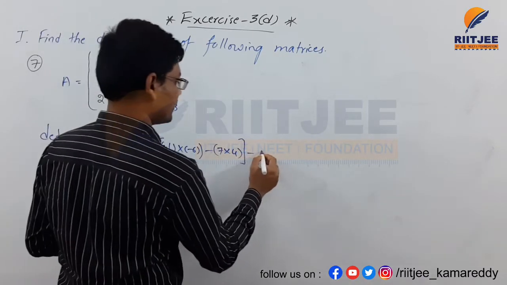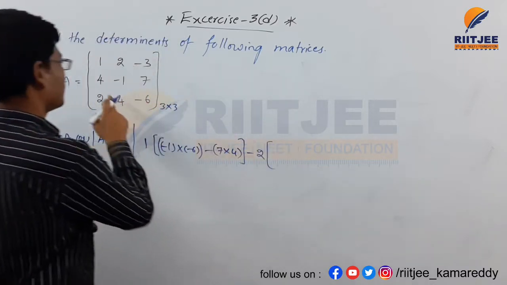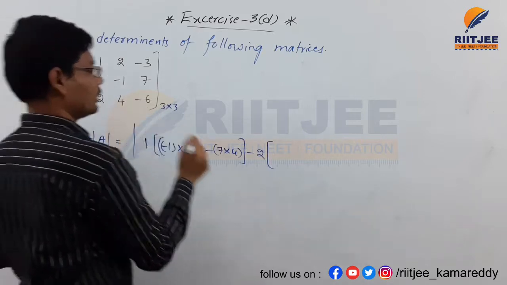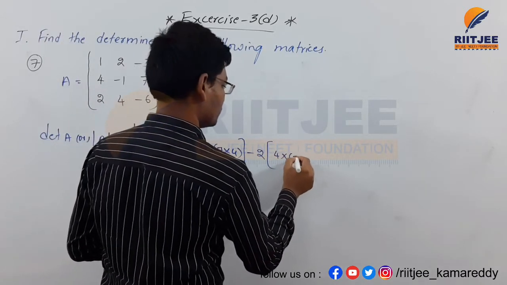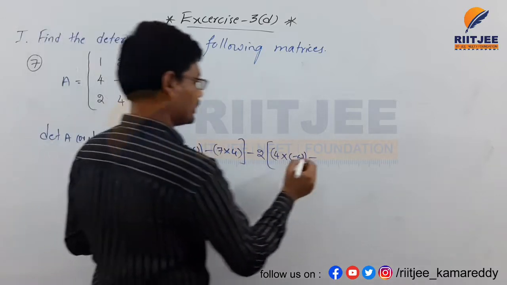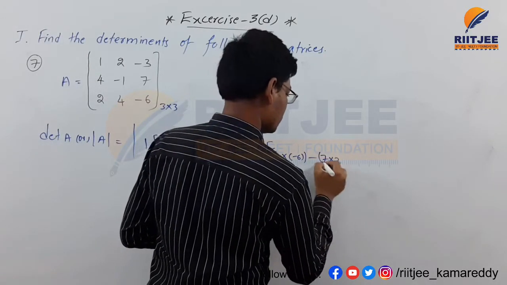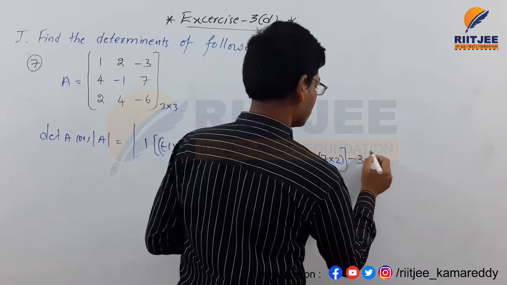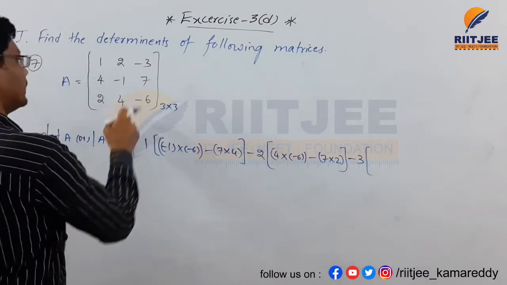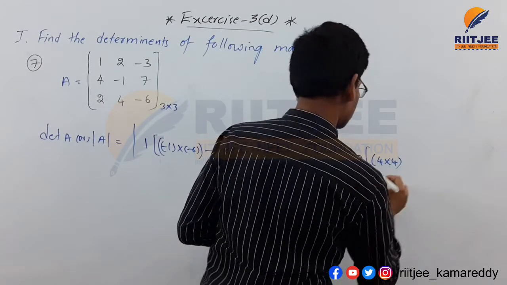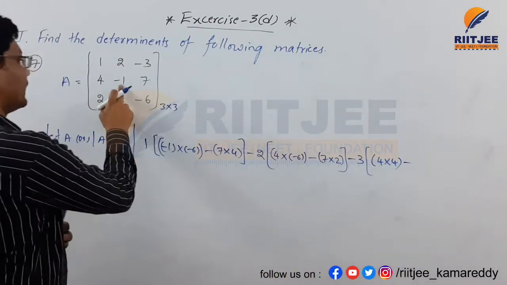And next step, minus 2 into, eliminate the row and column which has 2 here, 4 into minus 6 minus 7 into 2. And minus 3 into 4 into 4 minus 1 into 2.